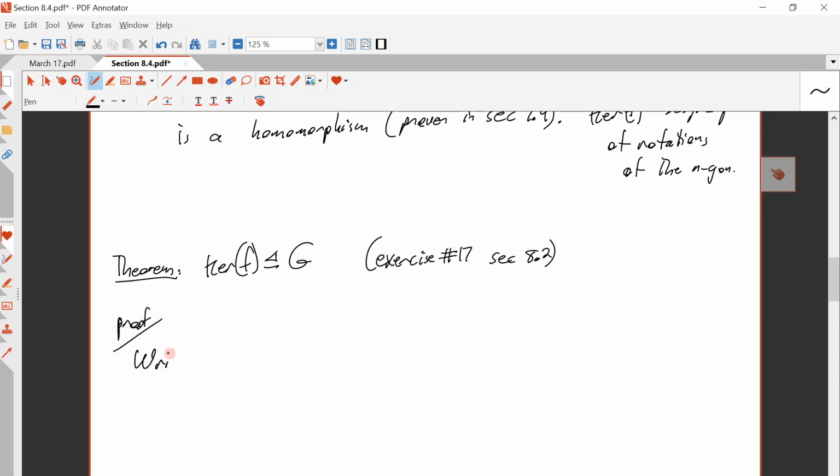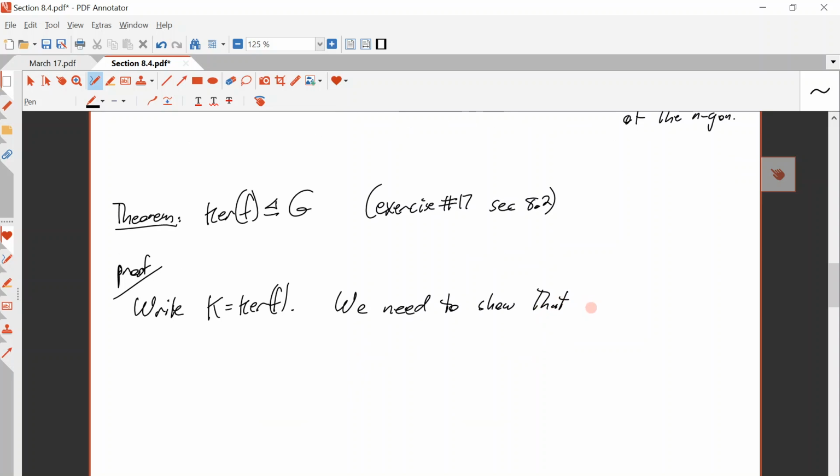Okay, so write K to be equal to the kernel of f, just for notational purposes. We need to show that gK is Kg for all g in G. There are different ways of characterizing this.